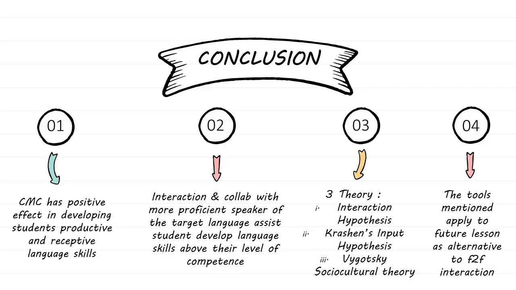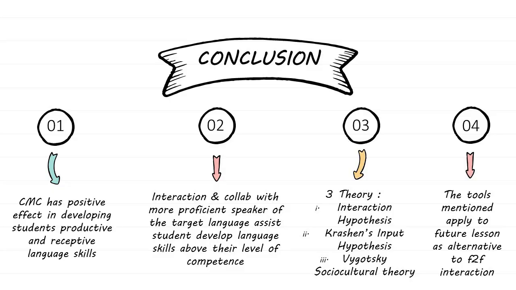Thank you. So we can conclude that the opportunities to communicate with advanced speakers of the target language could potentially have a positive effect on the students' productive and receptive language skills.